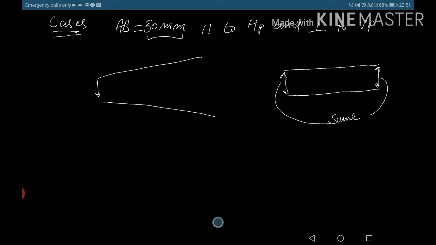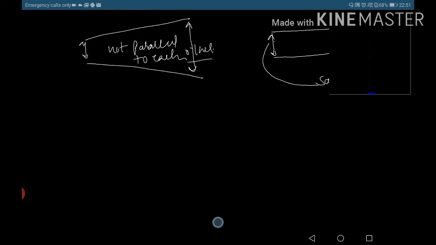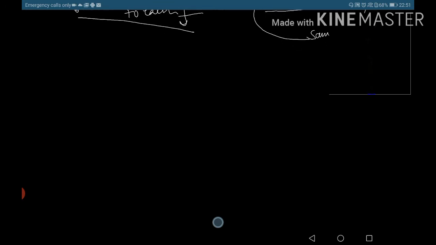Since the distance between the starting points and the ending points is changing, these are not parallel lines, not parallel to each other. So you have to keep in your mind the condition of parallel. Now what is our case? A line parallel to HP and perpendicular to VP.